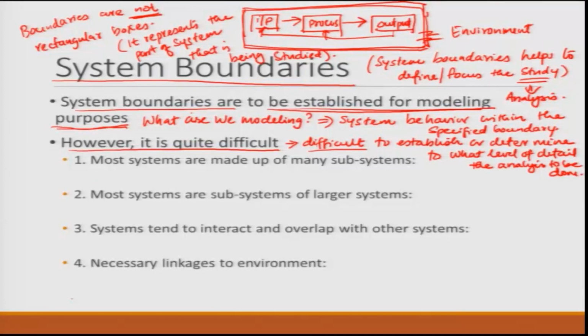The reason is most of the systems are made up of many subsystems. For example, let us take a manufacturing system or a production system. A production system has many subsystems. One is the inventory or the stores. It is an assembly line. Painting, so many aspects are there.